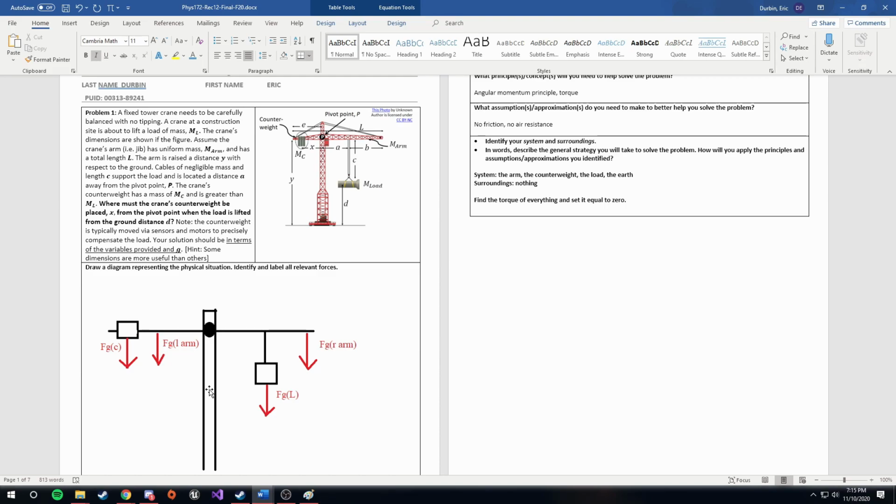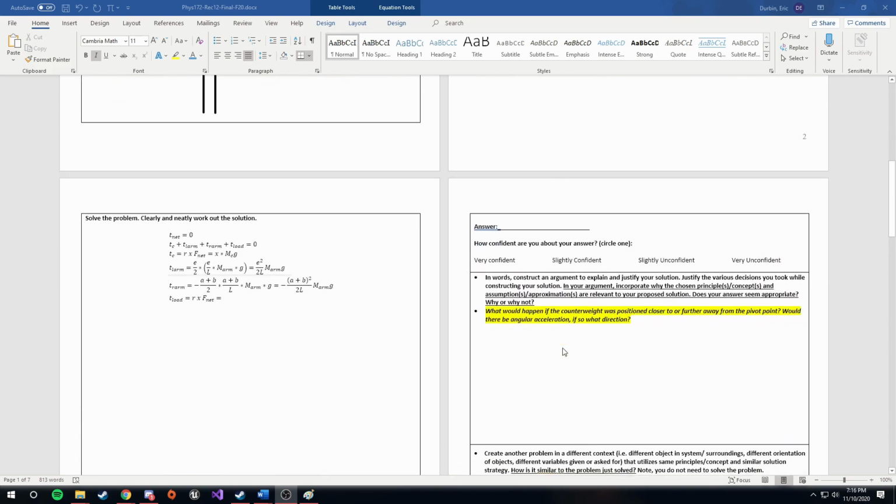Why wouldn't we need them for the load? Because if you're doing the force, it's just mass times gravity times A. Yes.